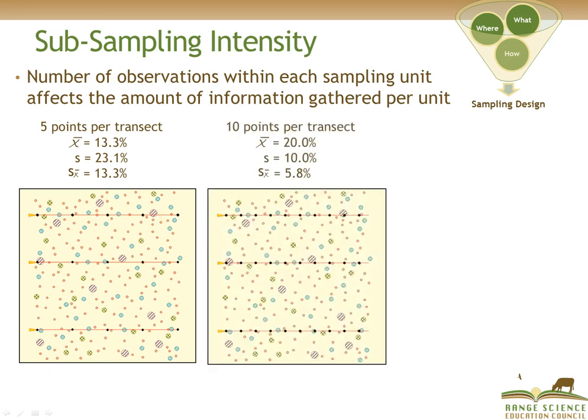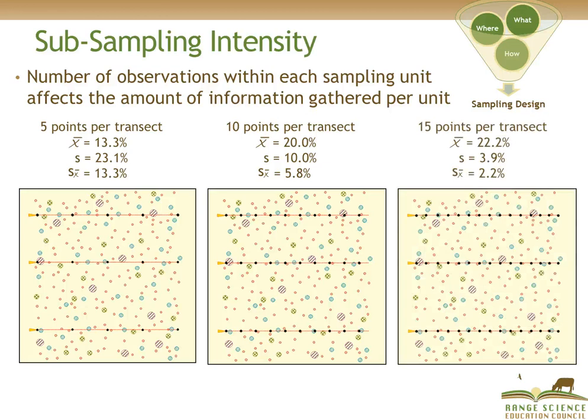If we increase the number of points, we increase the amount of information taken per transect. And we can see that by doing that, we decrease the size of the standard deviation and the standard error. These are our estimates of variability, and a low standard deviation and a low standard error reflect high amounts of precision.